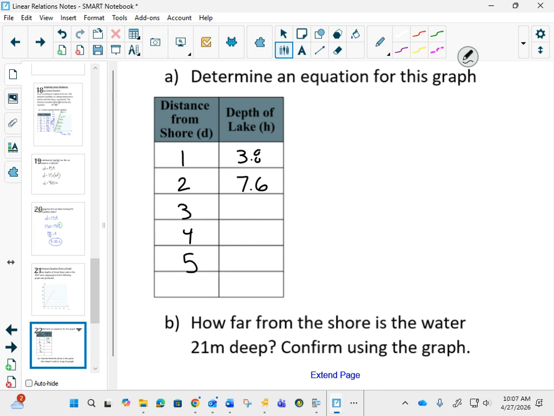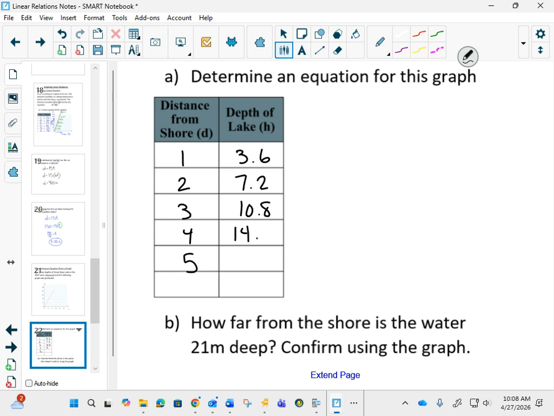Maybe that's a little bit off. Let me just check again. Yeah. I'm gonna go 3.6. Actually, looks more like it. And then 7.2, 10.8. 4 looks to be about, or 4 looks right at 14.